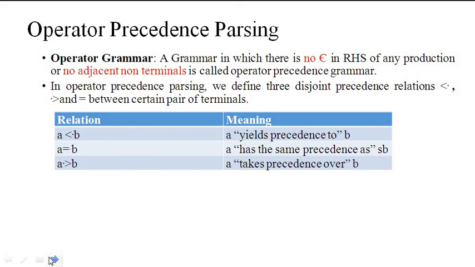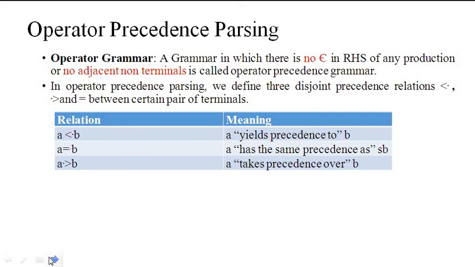If any grammar is given and asked whether this grammar is an operator precedence grammar or not, how can you check? Just check its right hand side productions. In operator precedence grammar there is no epsilon symbol and no two adjacent non-terminals.